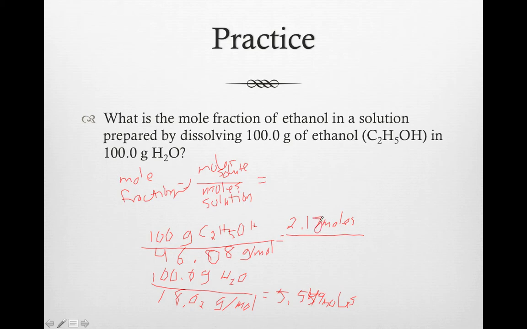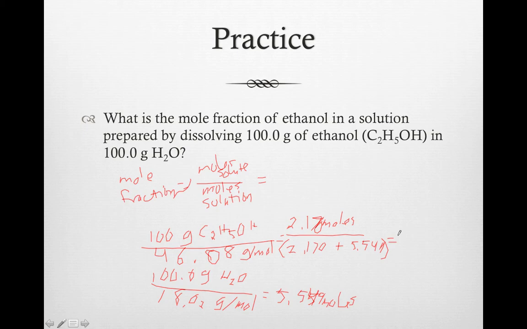To fix that, I'm going to divide this by 2.170 plus 5.549, because that is my moles of solution, which is moles of both.